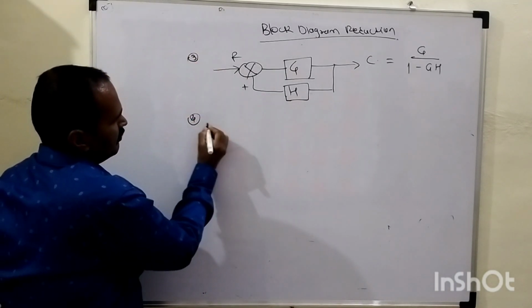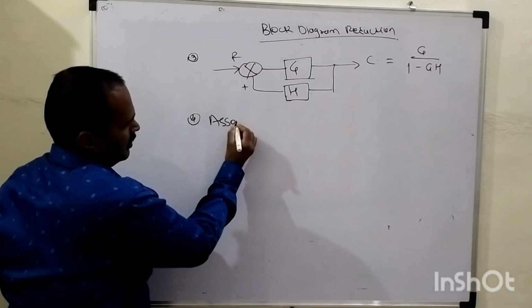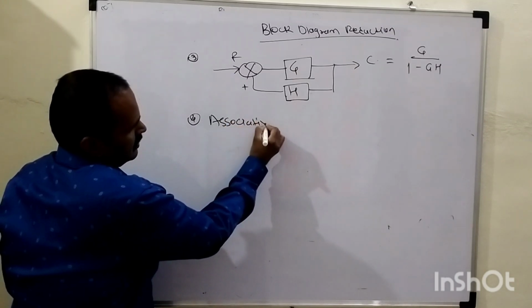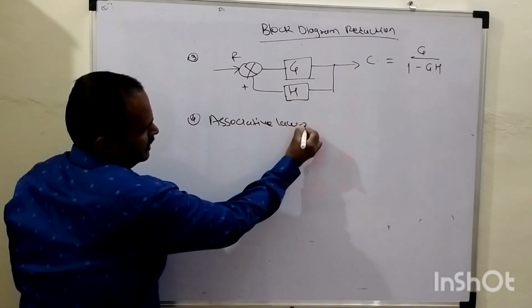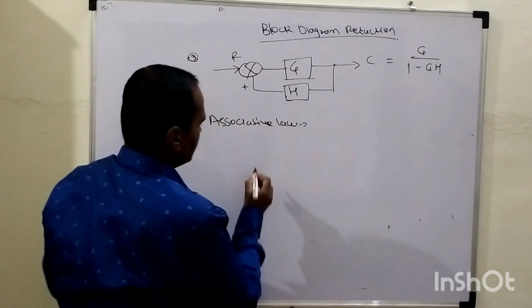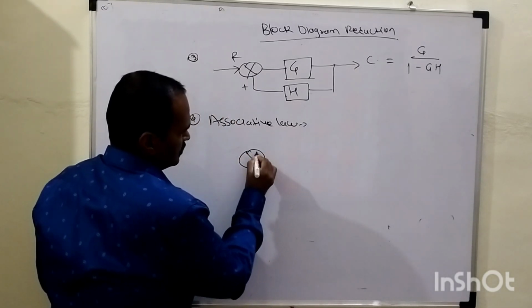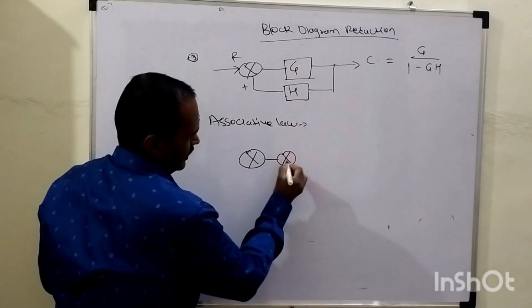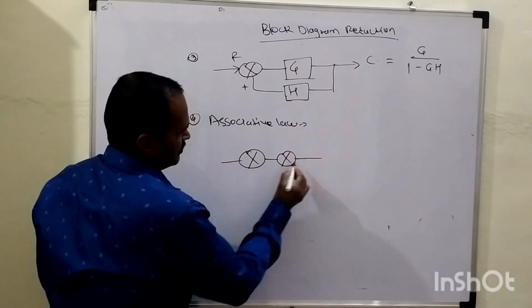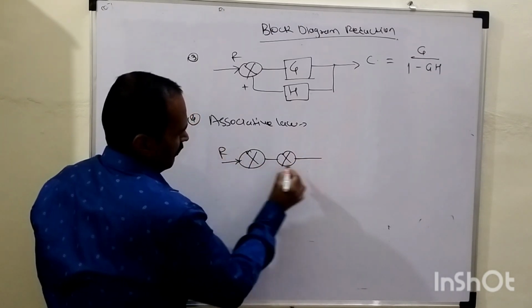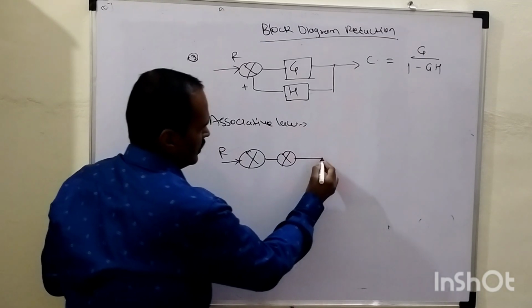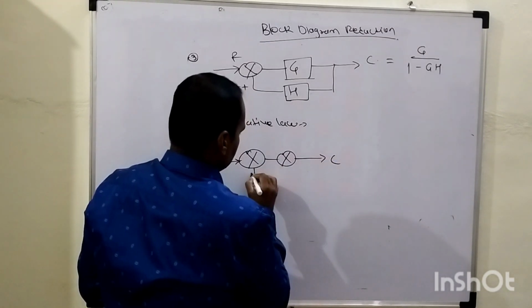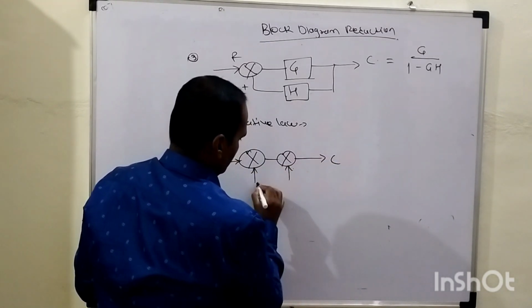After that, rule number 4 is nothing but what? Associative law. This associative law purely deals with the summing point, right? What this associative law tells us is that whenever n number of summing points are connected in series form, according to our own convenience, we can change the order of these summing points.